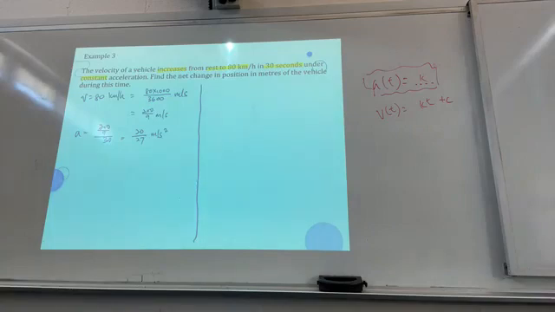Alright, so it's 20 over 27. Fair enough? Alright. So next, because it's a constant, I have to integrate this constant to get the velocity function. So the velocity function is therefore 20t over 27 plus c.